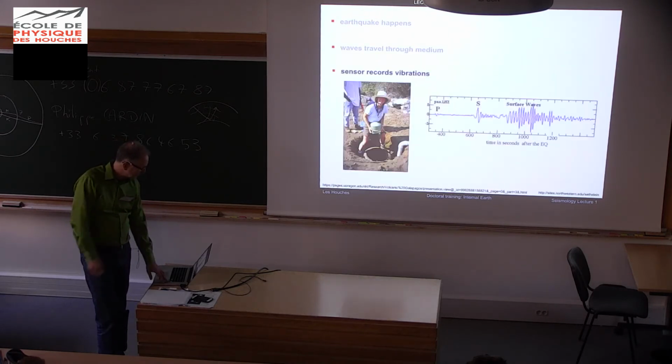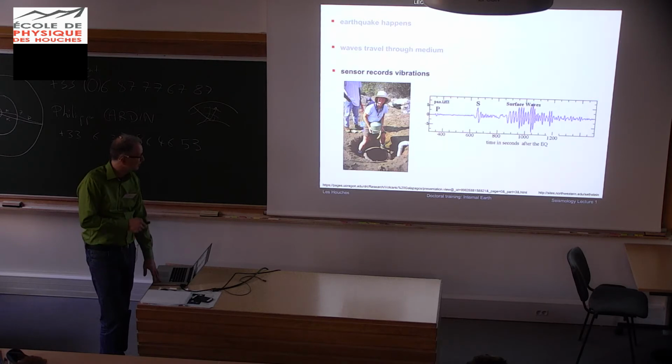So the waves happen, and then we record them, and these are literally very sensitive microphones in the ground somewhere. In some cases they're permanent, in some cases they're temporary, like this University of Oregon experiment. They go out in Galapagos, you put your instruments there, and you make some measurements.